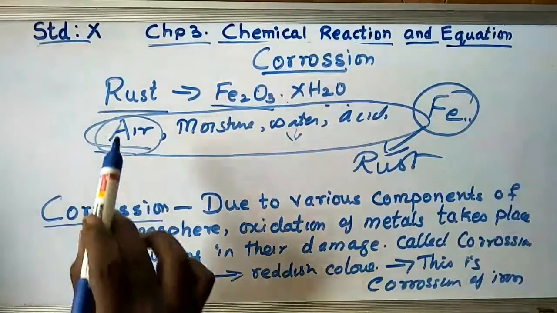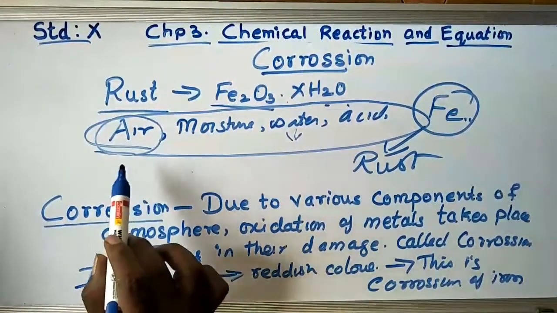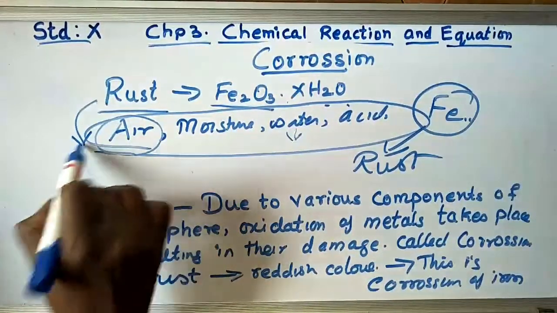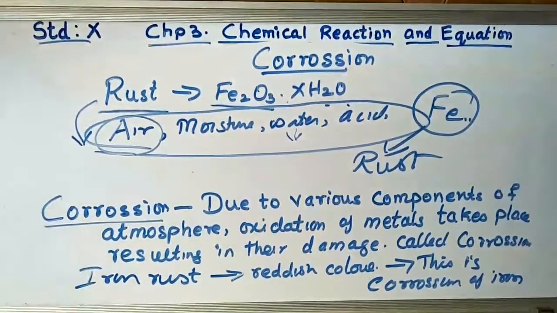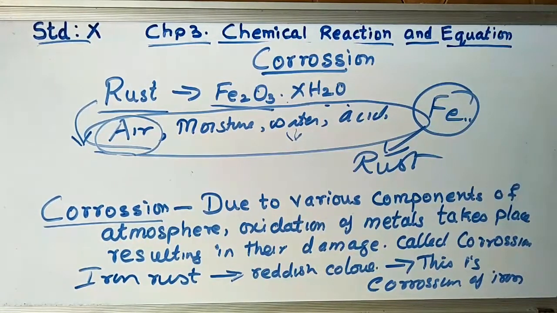The iron is corroding, and we call this rust. So corrosion is a serious problem. We have to be careful with corrosion. You know that a silver-colored utensil becomes black. If you take a silver ring, after some time it becomes black. We call that corrosion.